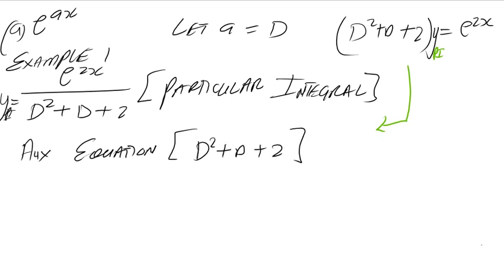This leads you to the complementary function. The general solution, y general, equals y particular plus y CF. So y CF comes from the auxiliary equation.